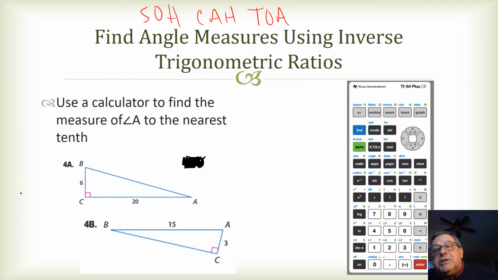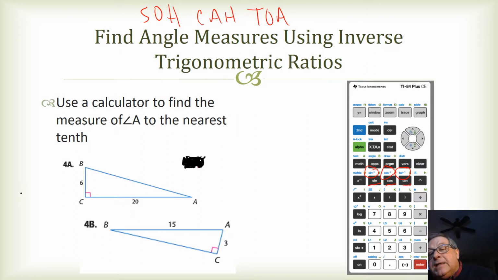If I look just above the sine, cosine, and tangent buttons, I see sin^-1, cos^-1, tan^-1 in blue.